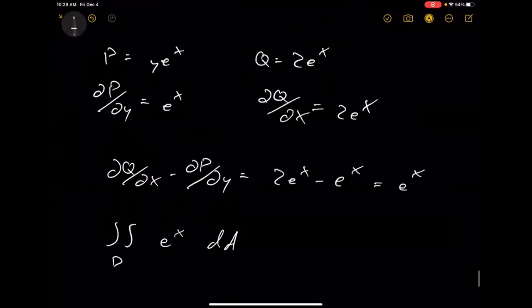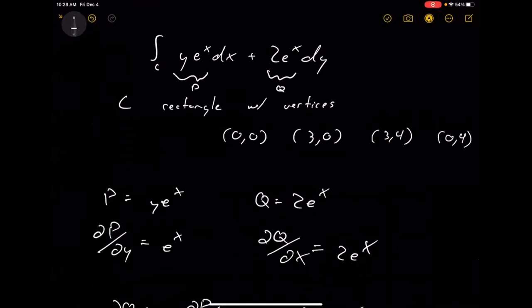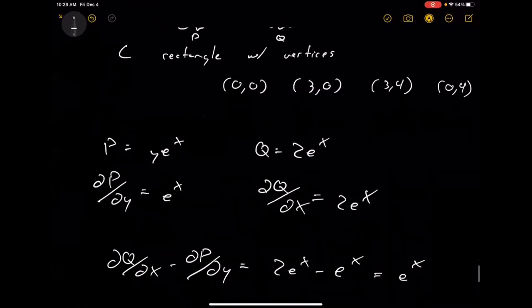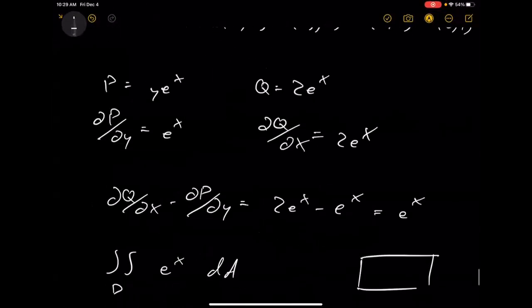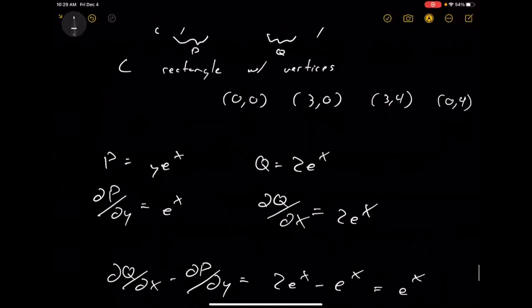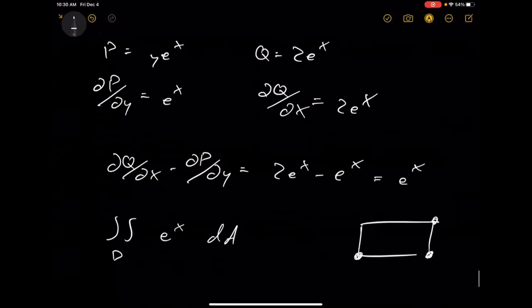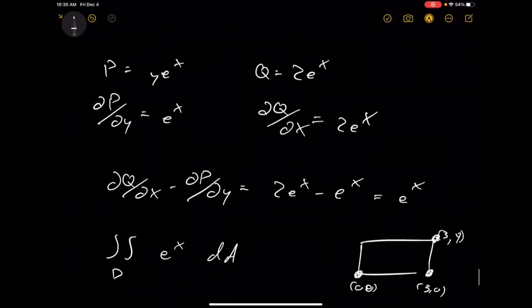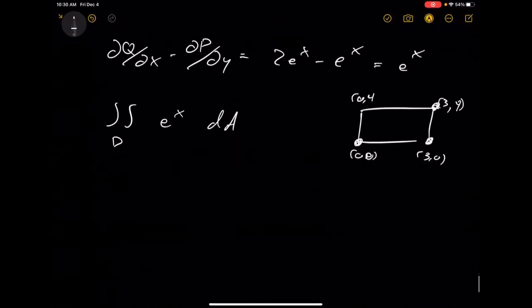Okay, now I need to set up the region that I'm integrating on. Well, the curve we're talking about is a rectangle, so this should give me a nice rectangular region to integrate over. Let's draw our region. It's the rectangle with vertices (0, 0), (3, 0), (3, 4), (0, 4). Okay. So if I'm integrating on this, what are my bounds?